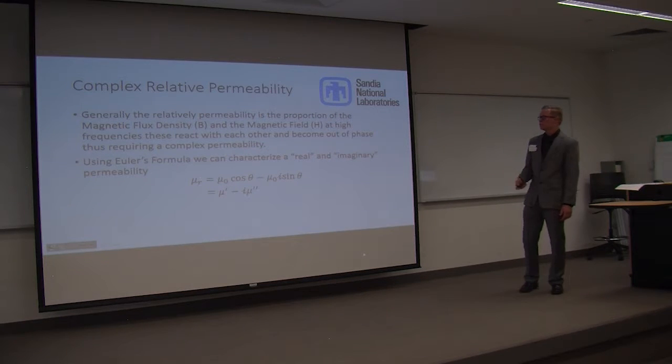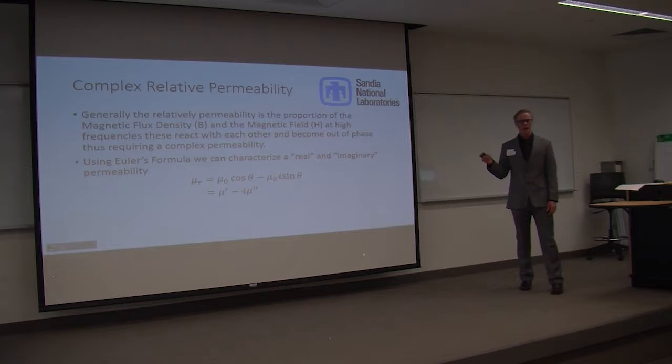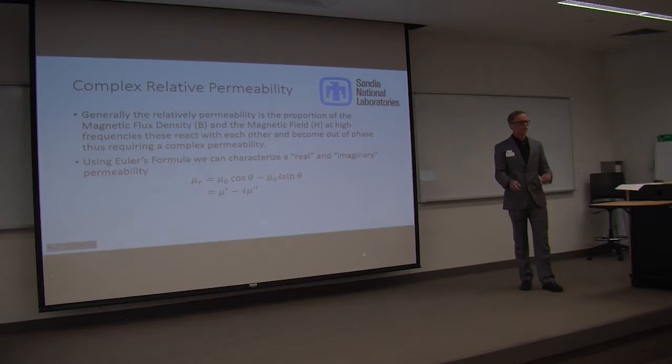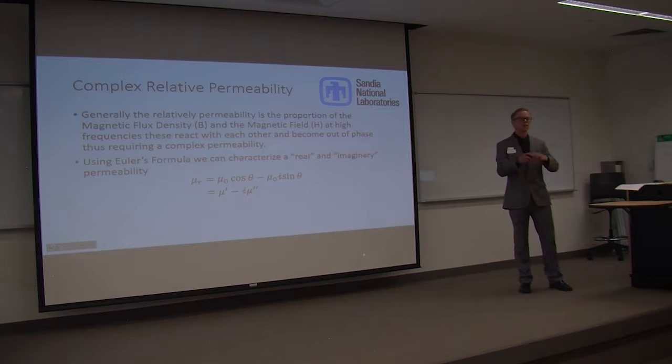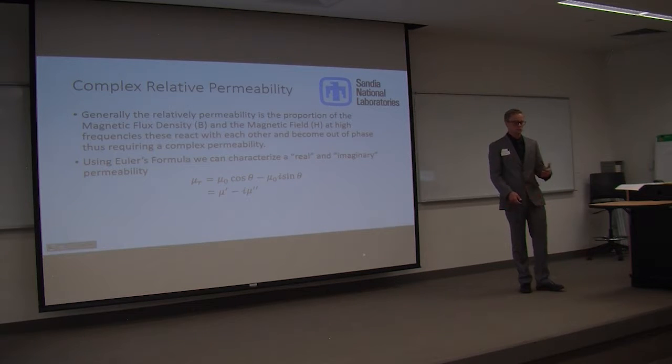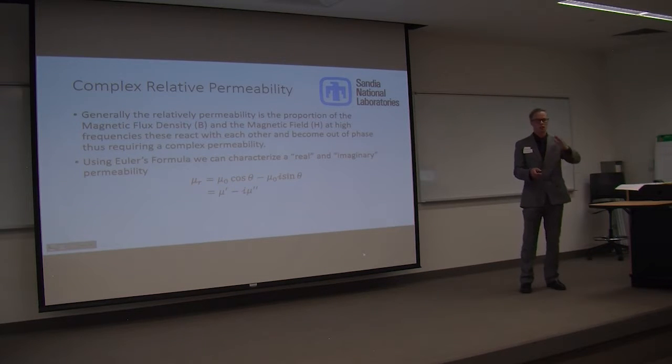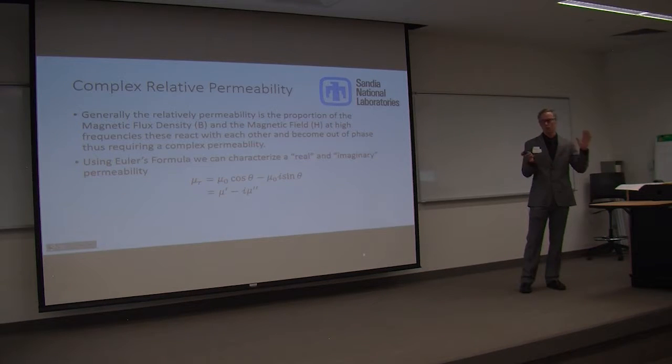Basically, at high frequencies the magnetic field and the magnetic flux density become out of phase. In physics terms these are known as phasors, and there's an angle between these two permeabilities.